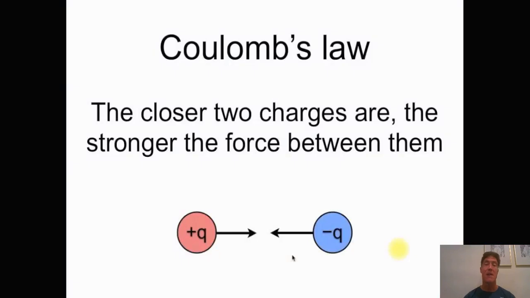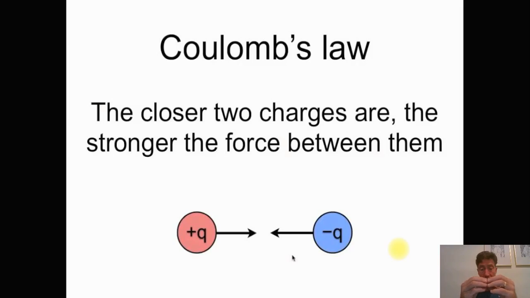And really it's just a fancy way of saying that the closer two charges are, the stronger the force between them. So just imagine a positive end of a magnet and a negative end of a magnet. If they're far apart, there's going to be very minimal force attracting them together. But as you get closer and closer and closer, they're going to begin to pull on each other more and more and more. And finally, if you get really, really close, the force becomes all the stronger.